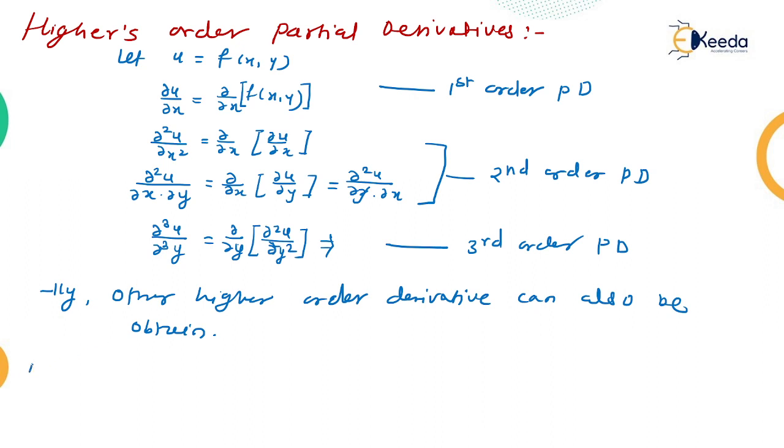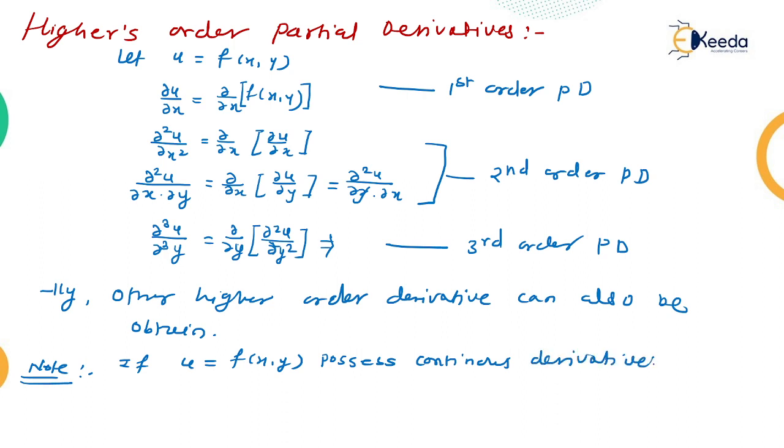So there is a note for you. You have to remember, if u is equal to a function f of x, y possesses continuous derivatives, that is, continuous partial derivatives, and I am writing especially second order.